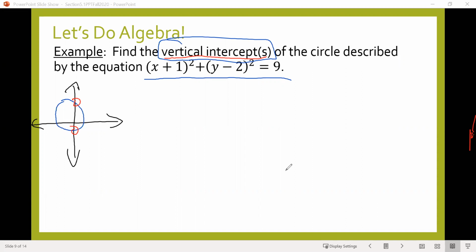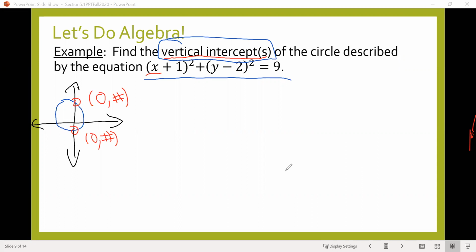Now recall that for any sort of a vertical intercept, for any sort of function, the form of that is (0, a number). It'll be the same thing for this one. And think about why that is, right? On the vertical axis, the input value, which in this case would be the x value, but it will not always be the x value if we're not using x's and y's.